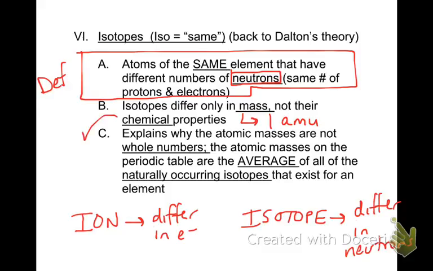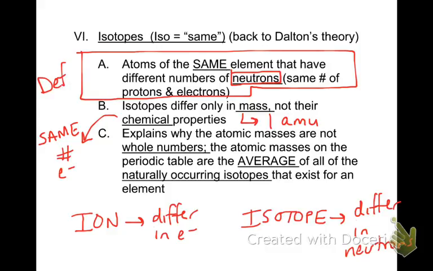But their chemical properties, however, as we find out later on in chemistry, chemical properties are determined by the numbers of electrons. So since isotopes have the same numbers of electrons, that means their chemical properties are going to be the same or very similar.